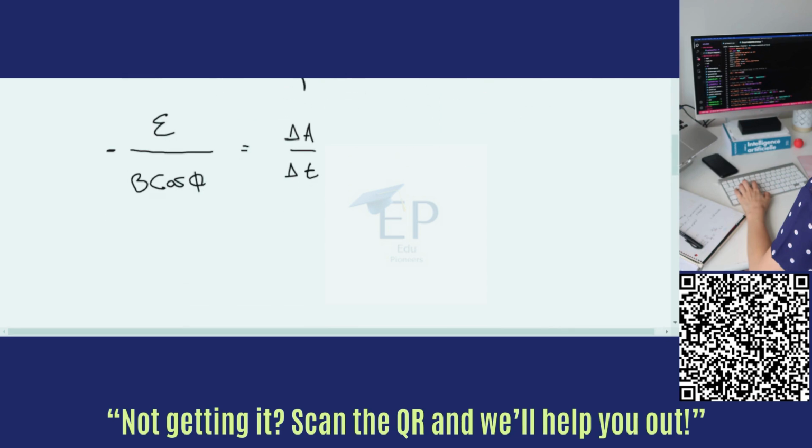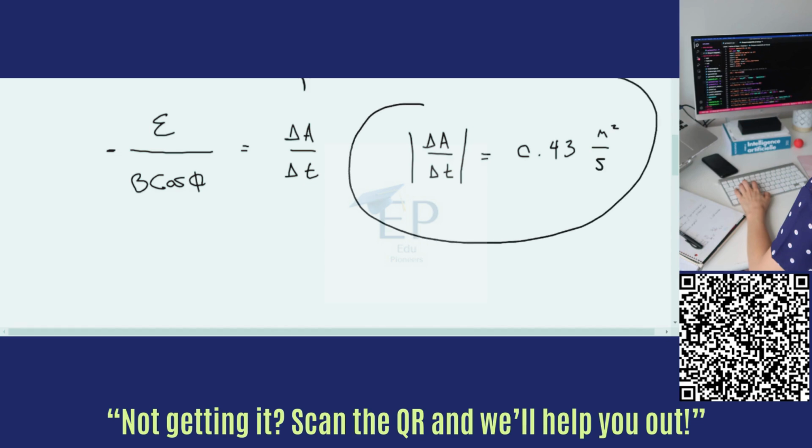So if we plug that all in, we'll get that the magnitude of the change in area over the change in time is going to be 0.43 meters squared per second. And since the sign over here was negative, we know that we will be decreasing our area in order to produce this EMF.